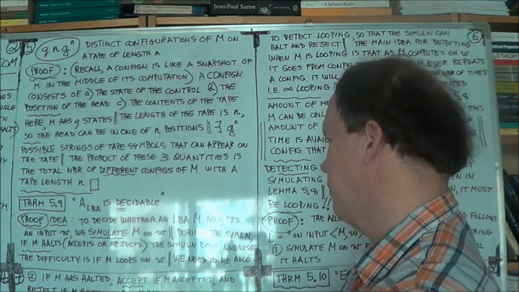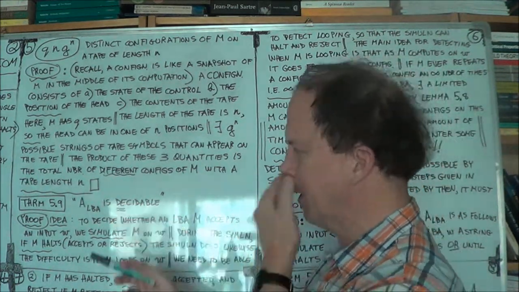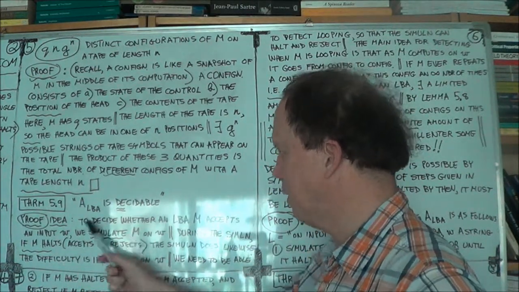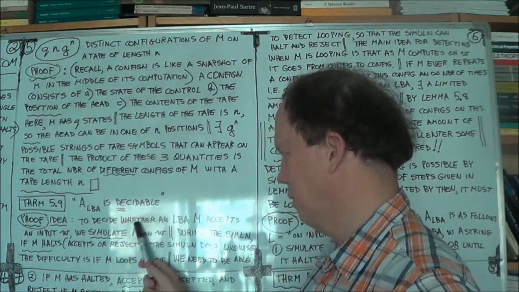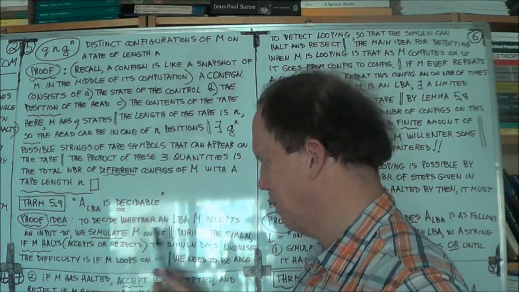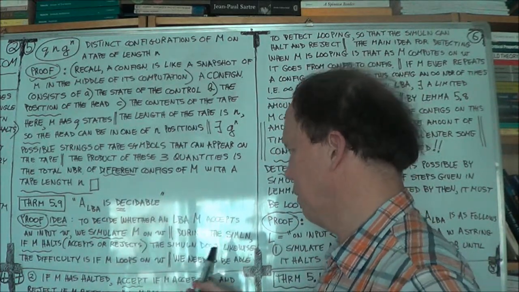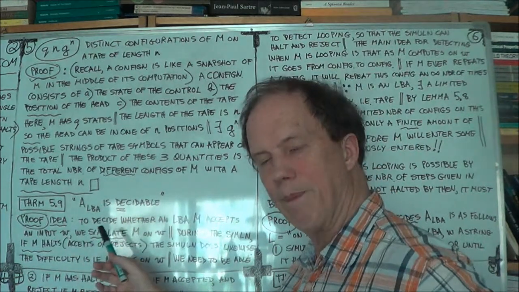Okay, now, so imagine the Turing machine, the simulation is going ahead. So if your LBA halts, we'll have the simulation also halt. In other words, if your LBA accepts, we'll then have the simulation accept. And if your LBA rejects, we'll have the simulation reject. So that's fine. Okay?